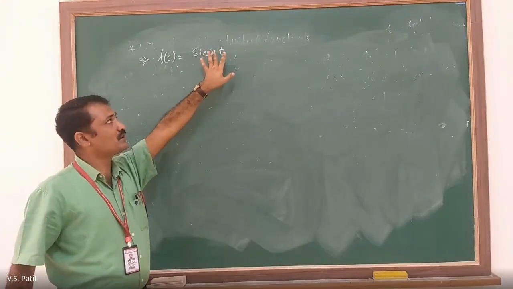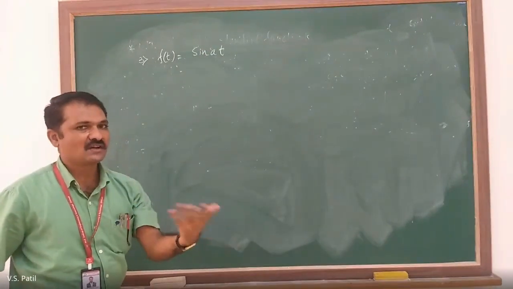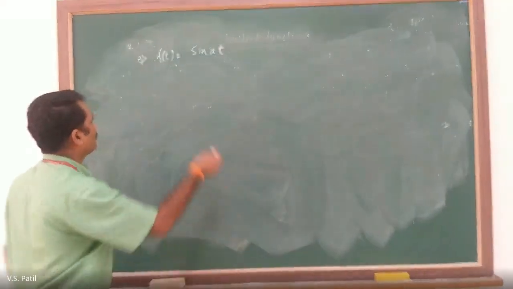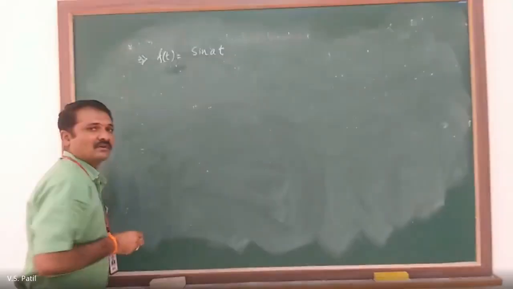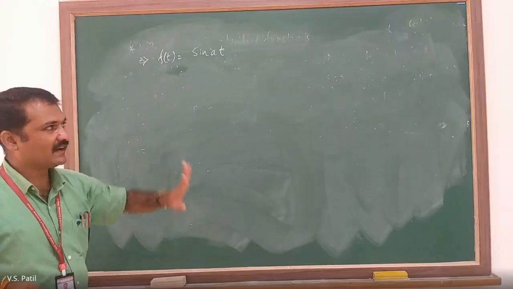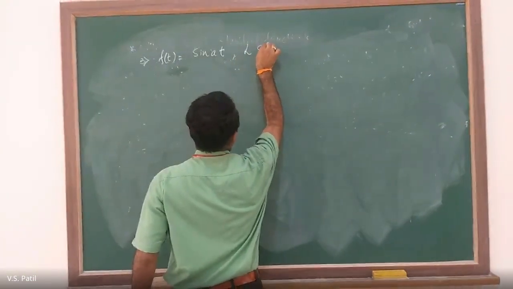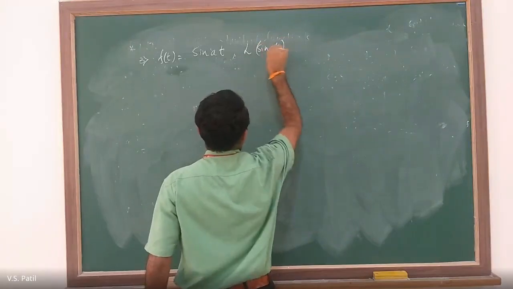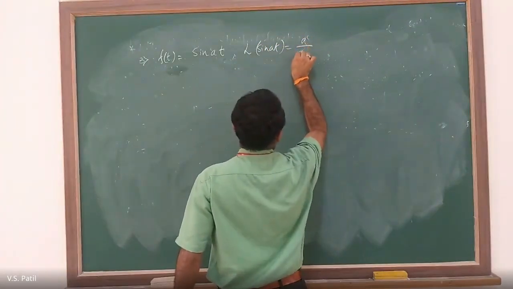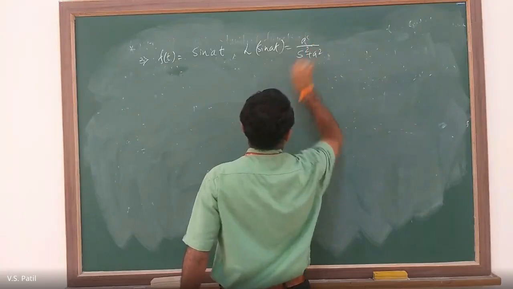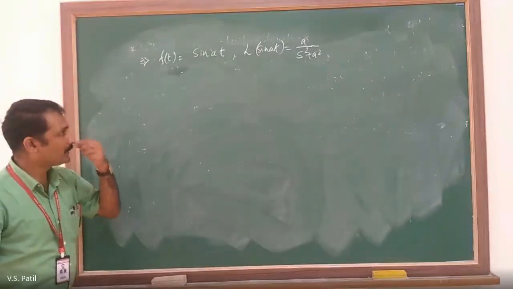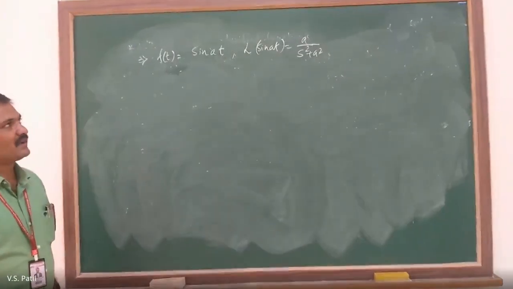Now your f of t is sin a t. I want to find the Laplace transform of sin a t, which is equal to a divided by s square plus a square.